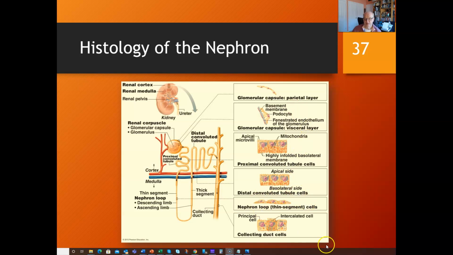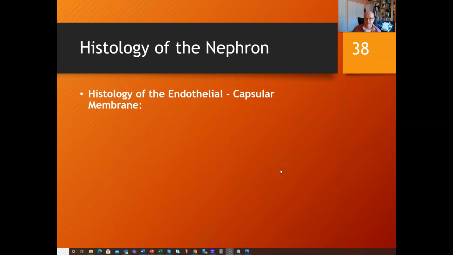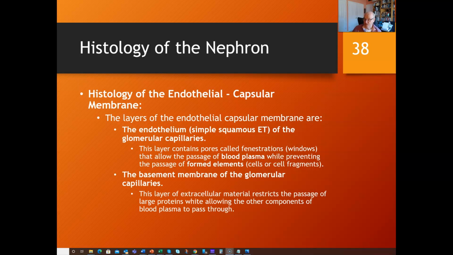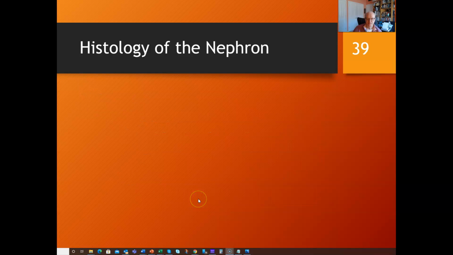And your nephron loops are different. Now, you're not going to be asked about the different types of cells, so I wouldn't worry too much about that. But it tells you about them here. Important ones are the fenestrations, the windows, which allow stuff to pass through. They're not really windows. They don't have any glass in them, but they're holes, like windows. Okay. Then you have the basement membrane, etc.